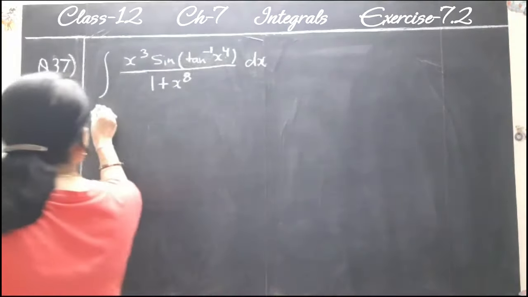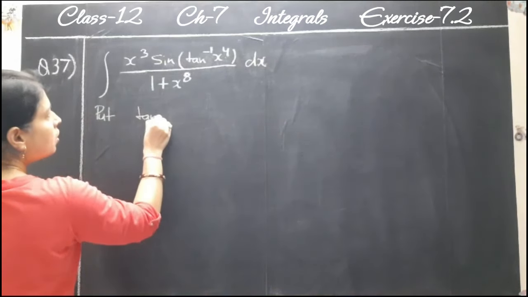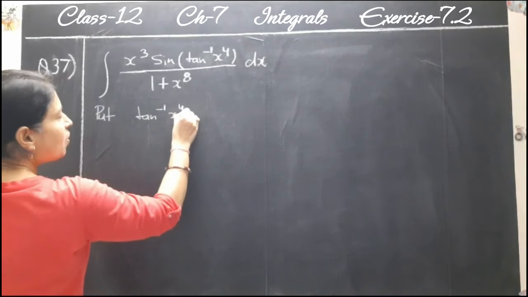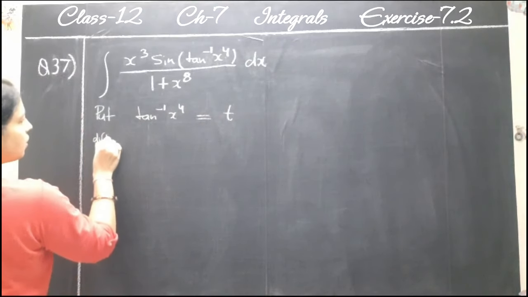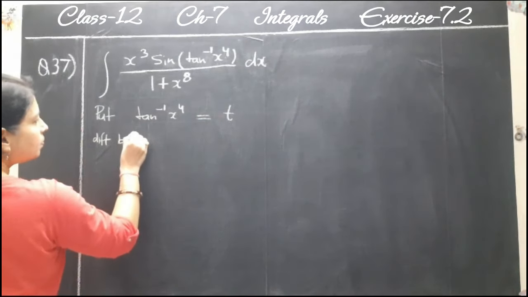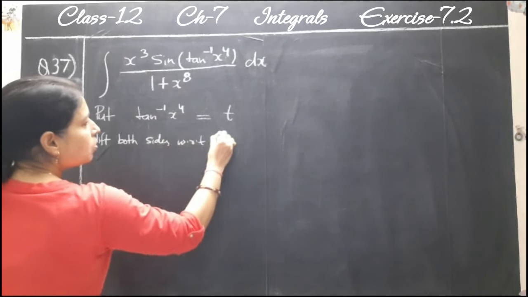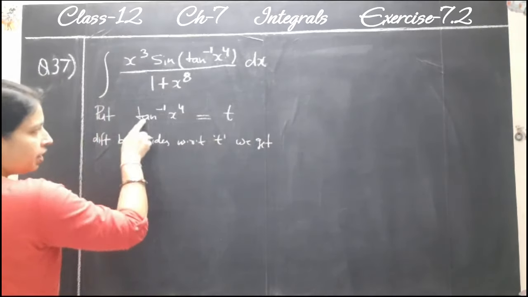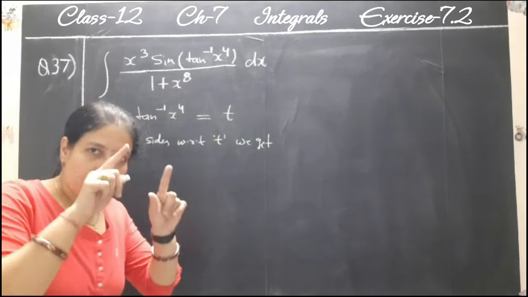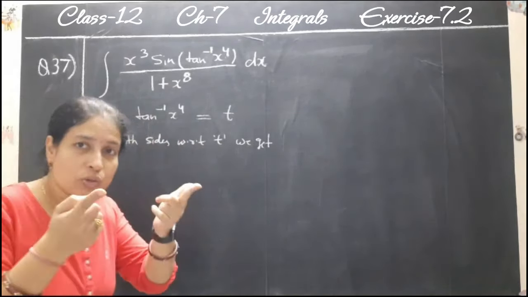So first put tan inverse x to the power 4 is equal to t. Now differentiate both sides with respect to t. We get derivative of tan inverse x is 1 by 1 plus x square. In place of x it is given x to the power 4. So square of x to the power 4 will be x to the power 8.